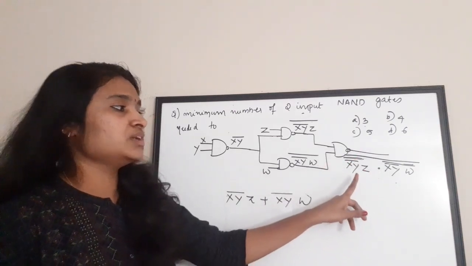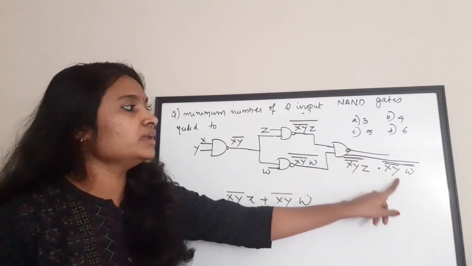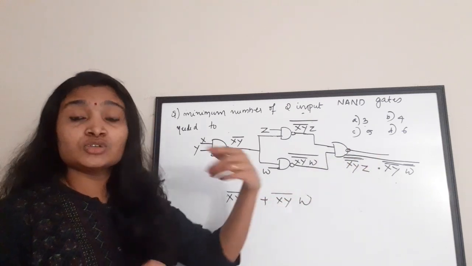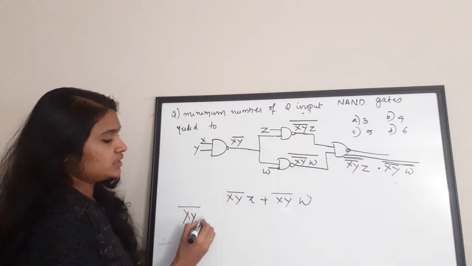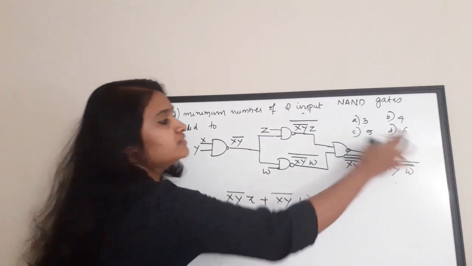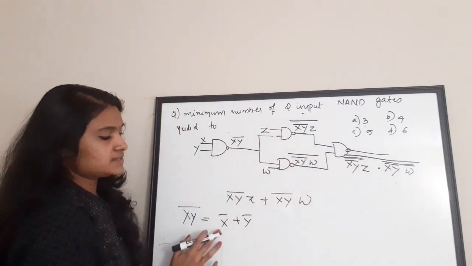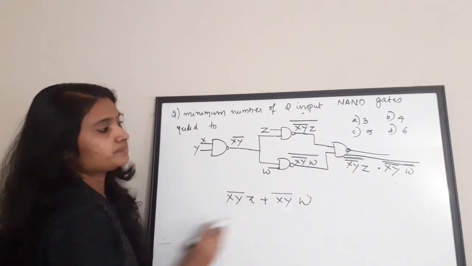According to De Morgan's law, here again you are getting X, Y, the whole bar. So if you have XY bar, you can write it as X bar plus Y bar, right? So I'm going to write this expression in X bar plus Y bar form. How will it be?